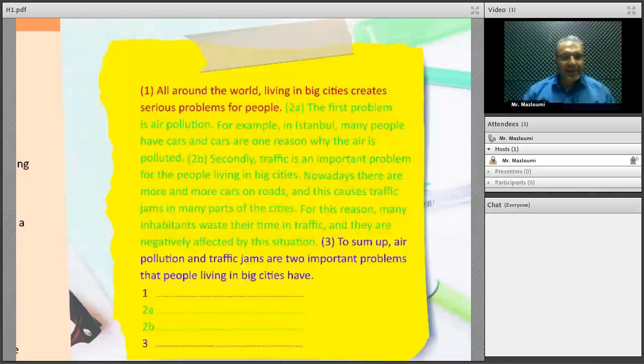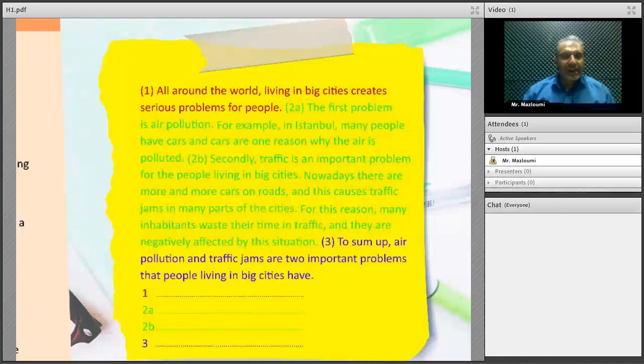So, this is our topic sentence, everyone. Number 1 is the topic sentence. 2A. The first problem is air pollution. For example, in Istanbul, many people have cars, and cars are one reason why the air is polluted, not clean.